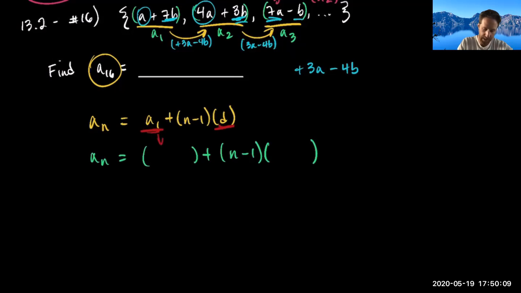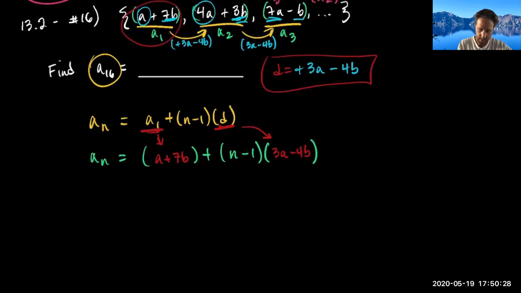We know a1, they gave us that. That was the a plus 7b. And then we need to know d, the common difference, which is what we had to come up with on our own, 3a minus 4b. And now that we know a1 and d, then we can find any term we wanted.